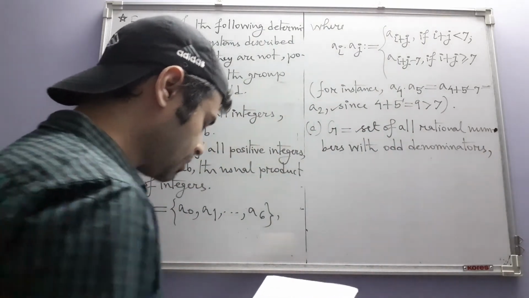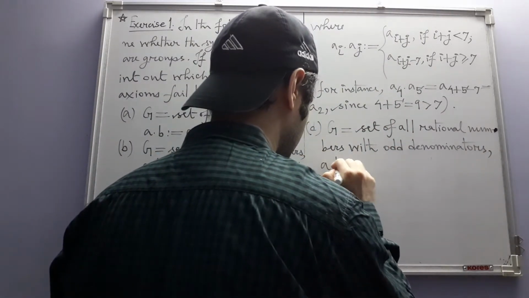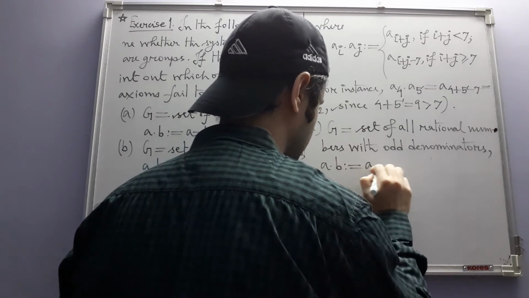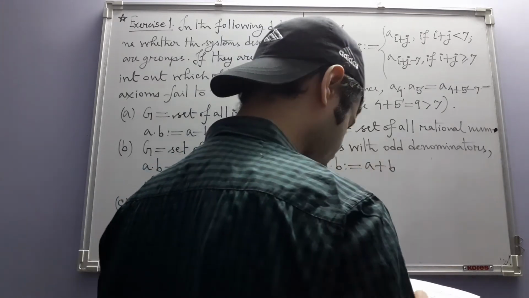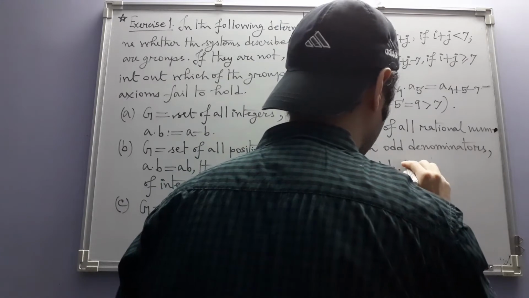Right, and what is the operation? A dot B is just A plus B, the usual addition of rational numbers.